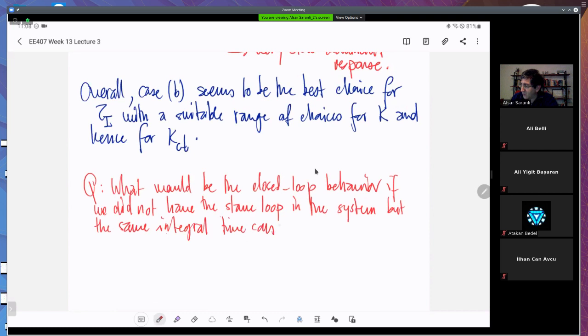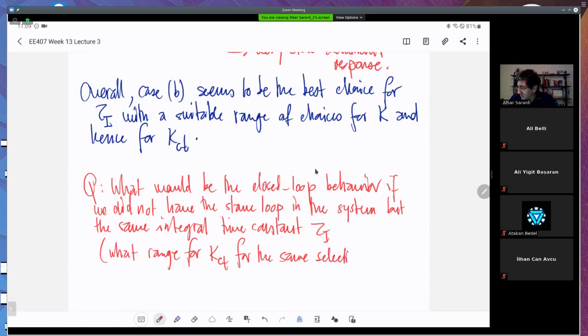So I still want to study what range for KCT for the same selection of tau I.